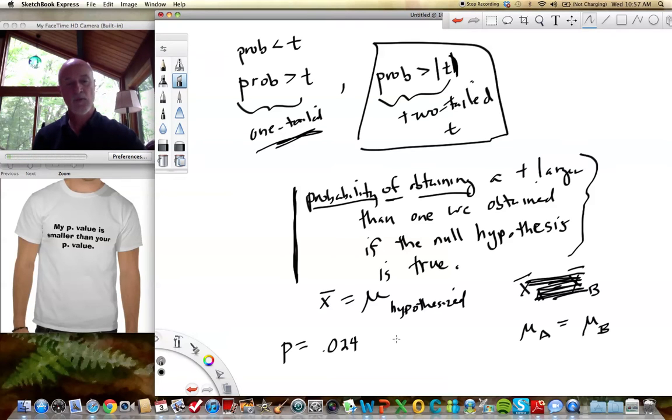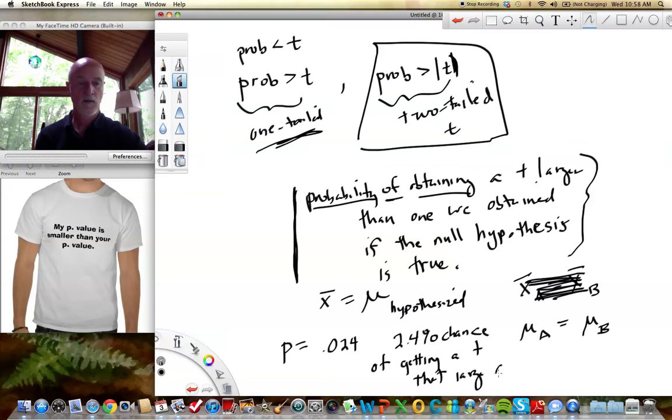This means that we have a 2.4% chance of getting a t that large or larger when mu A for our sample equals our hypothesized mean.